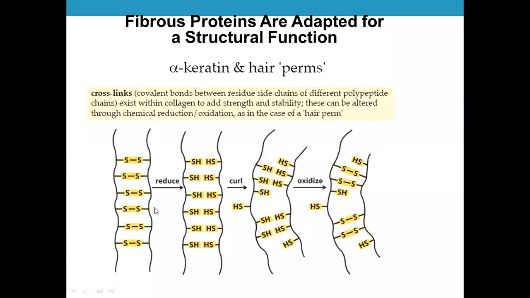If you have your chains of polypeptides here, neighboring each other with cysteine residues, it actually forms a disulfide, and we can reduce that to form free SH sulfhydryl groups, or we can curl this when you have a free one, and we can oxidize again. So it depends on the oxidation-reduction process whether your hair becomes curly or straight. Okay.